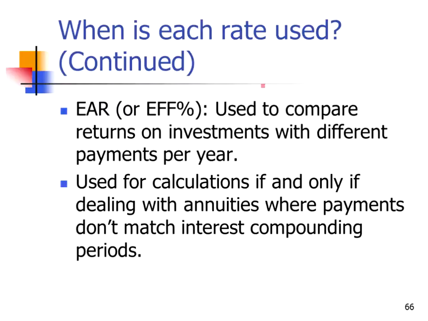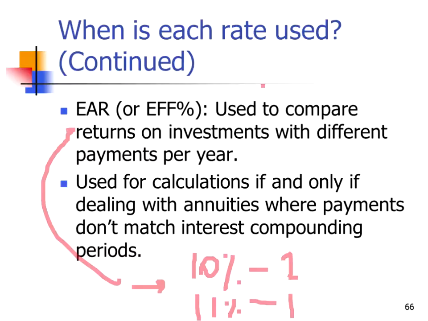So if, for example, you had to compare investments, the first with a nominal rate of 10% compounded semi-annually, or 11% compounded once, which is a better investment? Obviously, you would have to convert that into the effective rate to make a logical choice.